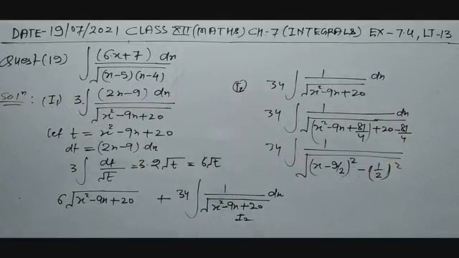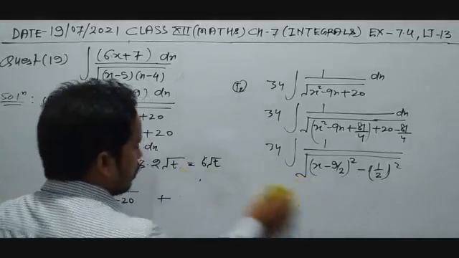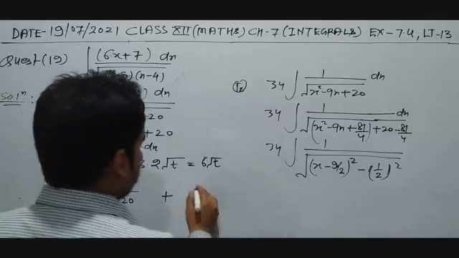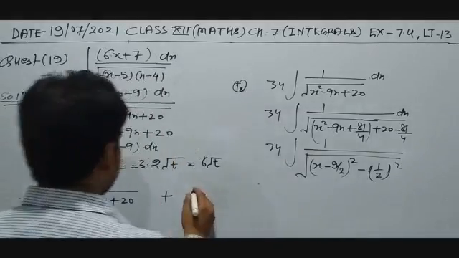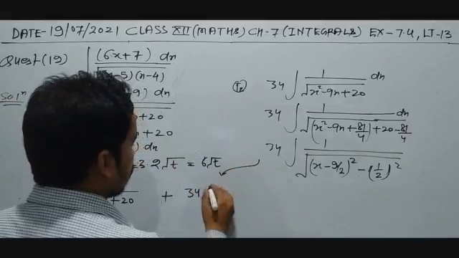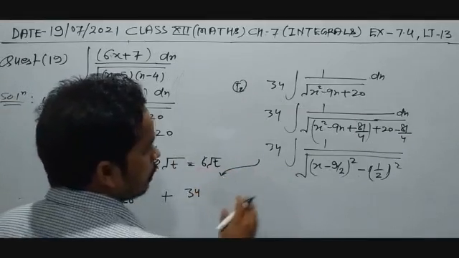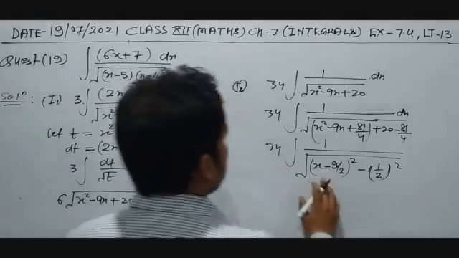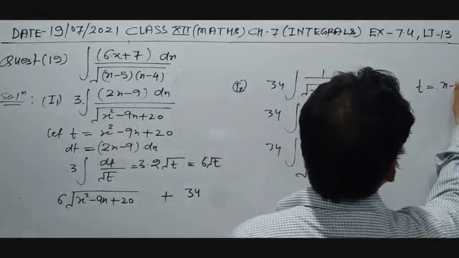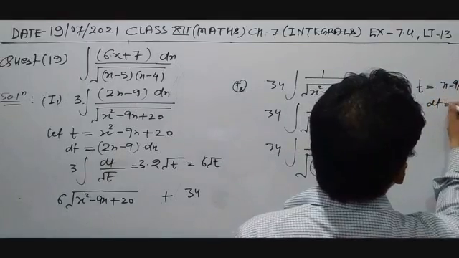This is the format of the integral which I have to integrate. Now come to the next steps. Writing 34 times the integral, suppose we take t equal to x − 9/2, so dt will be equal to dx.